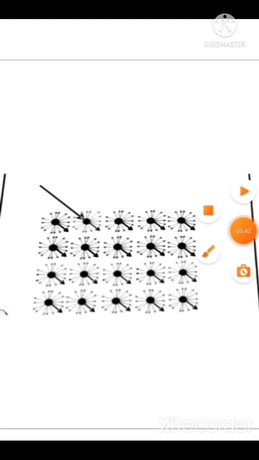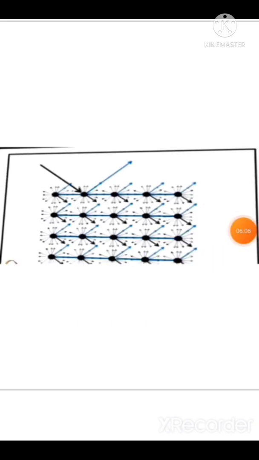Okay, in the diagram we have shown that for all lattice points the diffraction will take place in all possible directions, somewhere closer, somewhere at some distance in between, which means it is not uniform in all possible directions.